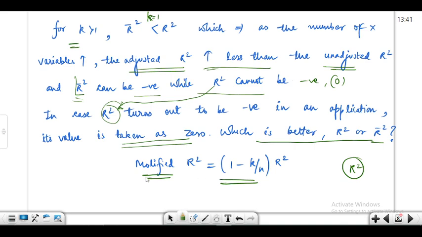So it is a modified form of your R square, which is used to have a better picture of the degree of fit, goodness of fit, right? And it is calculated using this formula: R square is equal to 1 minus k by n, where k is the number of variables and n is the sample size, into R square, right?